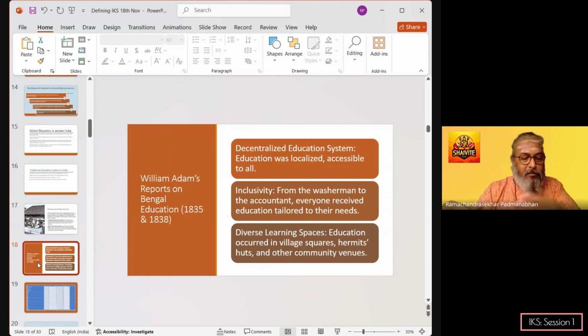And the tables are also available in the form of manuscripts in French Institute, Pondicherry. It was called as Ponnilakkanam and Nellilakkanam. Nellilakkanam was more of a volumetric tables. Ponnilakkanam was more of numerical compounding, interest, and kind of thing, which is more for a trader. So this is what we mean by a localized form of education.